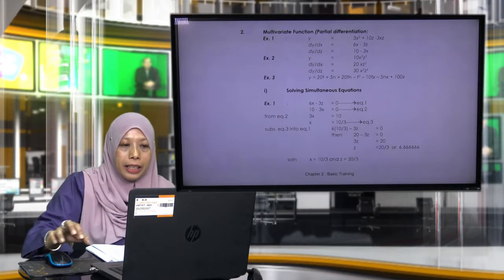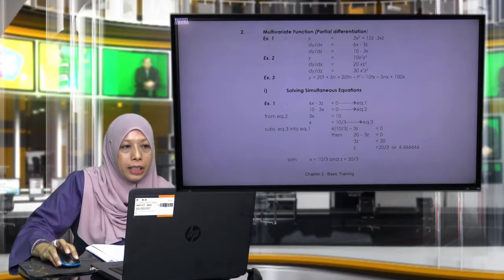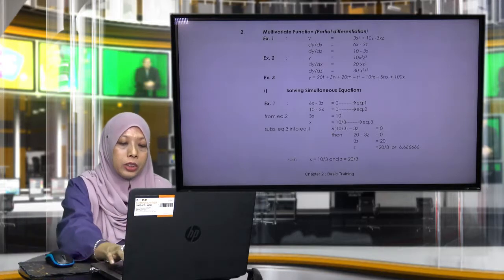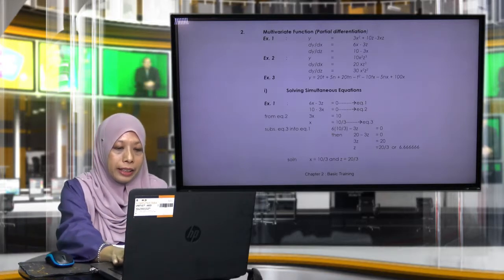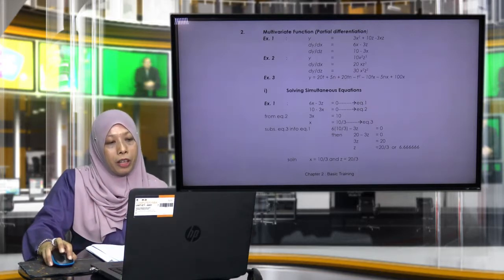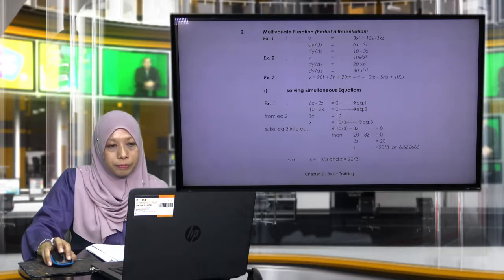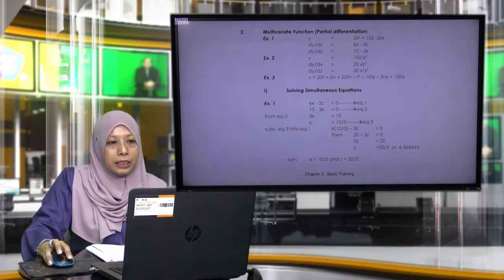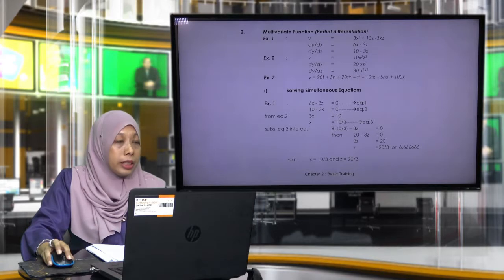Remember that anything with 0 as an exponent is equal to 1. So you're going to end up getting 10 minus 3x. If you compare with our slide just now, this is actually how we derive the answer.